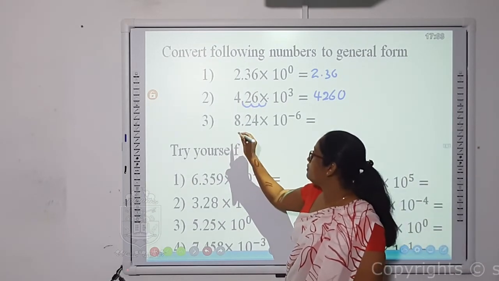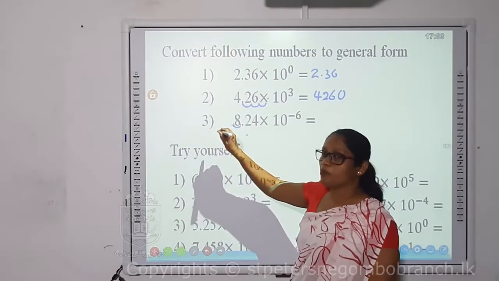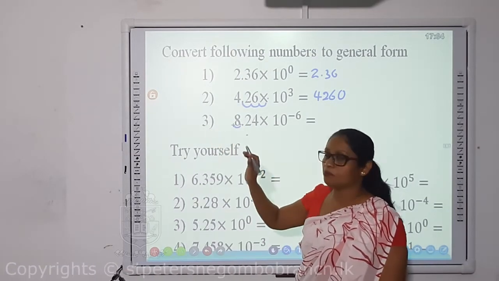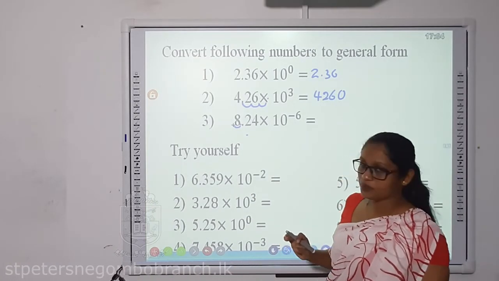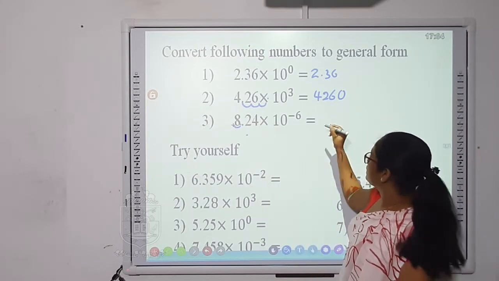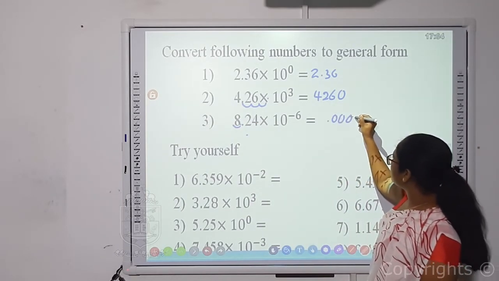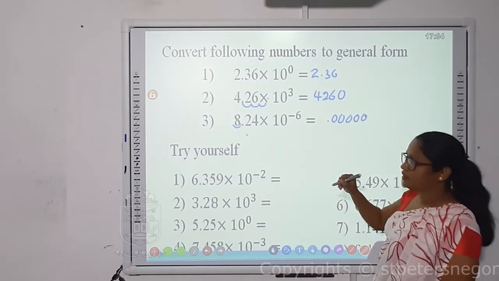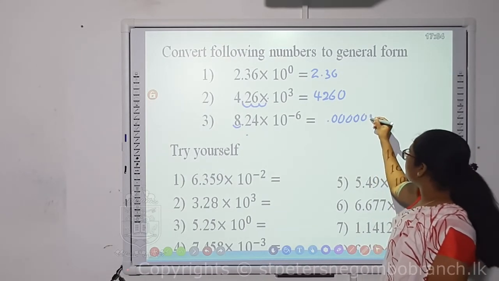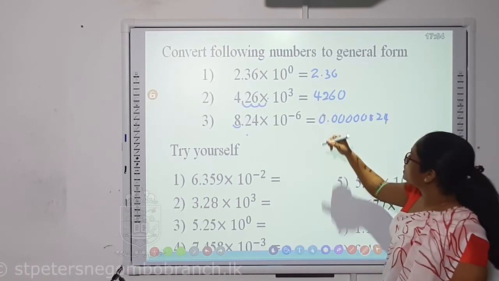So here 1. So 5 more places should be there. For the blank 5 more places, we put zeros, right? So 5 zeros, 8. Point 1, 2, 3, 4, 5. 5 zeros and then 8, 2, 4. Right? So here we put 0.